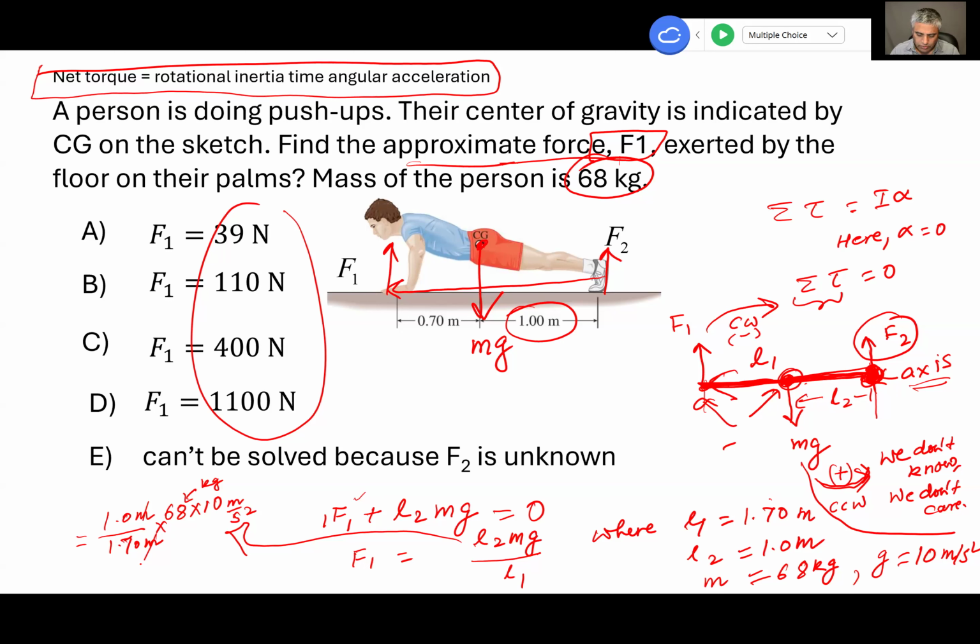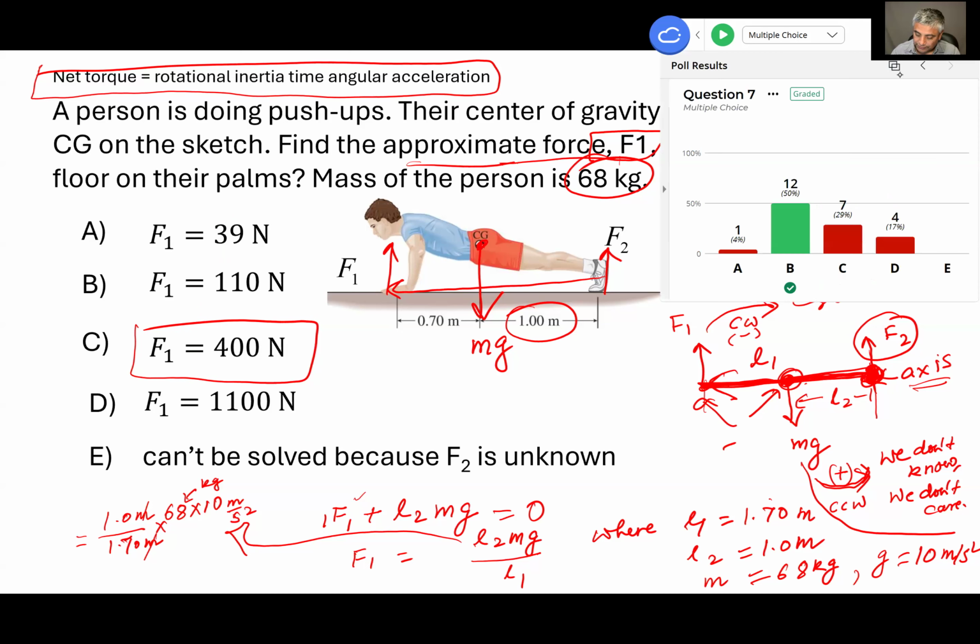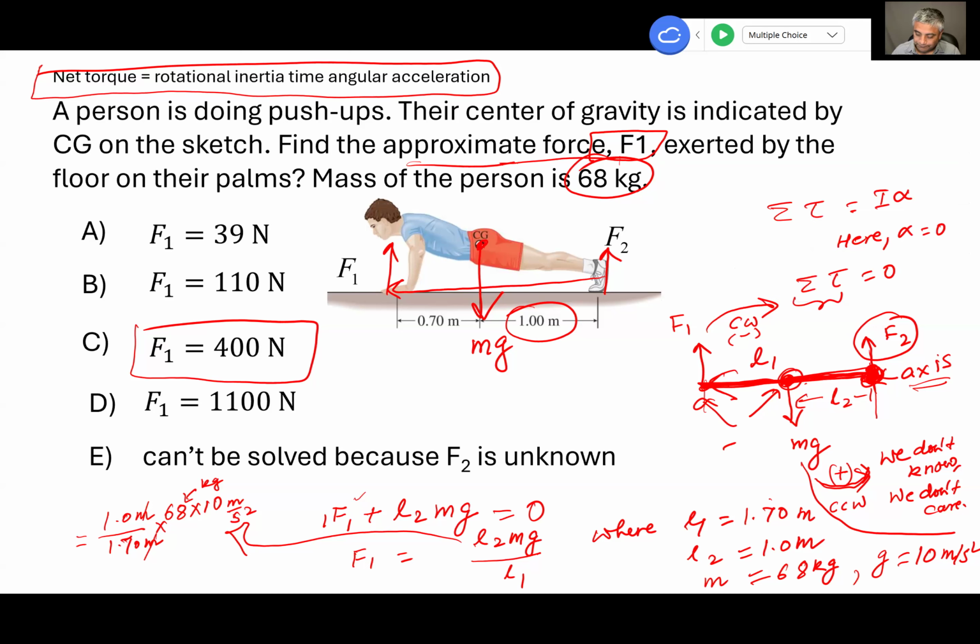So 680 over 1.7, it looks like this F1 is the closest one. It looks like I did not pull on this, did I? Nope. I did not stop.